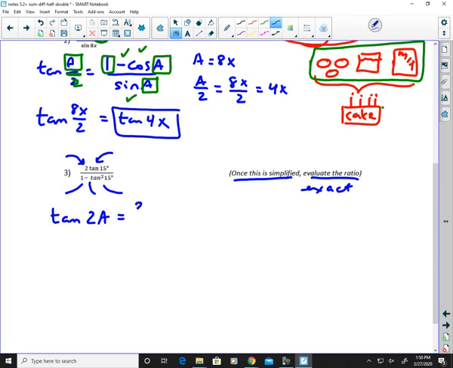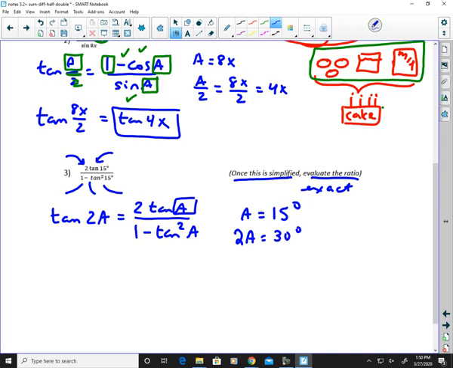And so everywhere I see an A, I'm going to want a 15. So everywhere I see an A, I will want 15 degrees. A 2A will be 30 degrees.